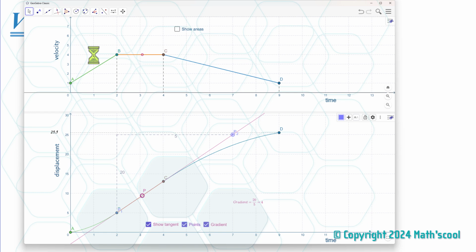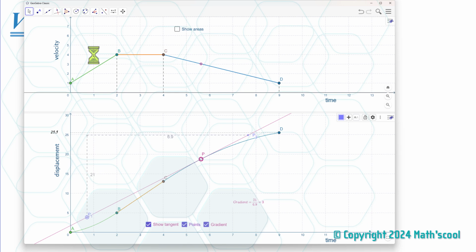So this is my displacement time graph. As I carry on up this displacement time graph, you can see here that the speed is getting less. So if I get to, say, that point there, I can see from my velocity time graph that the speed should be 3, and I can see that the gradient of the curve here is 3. And again, you can move the points P and Q a little bit further apart so you get a nicer calculation.